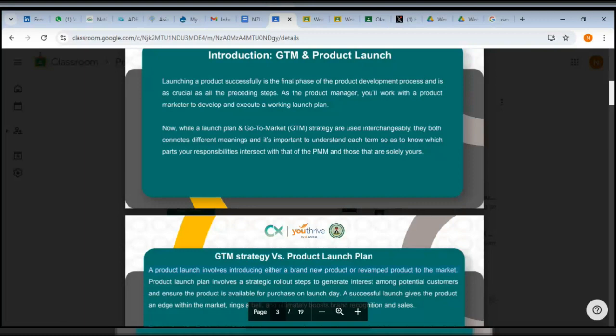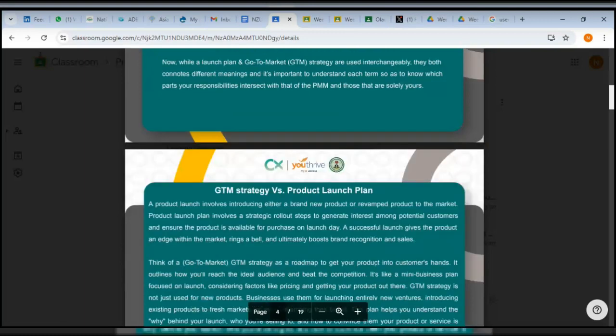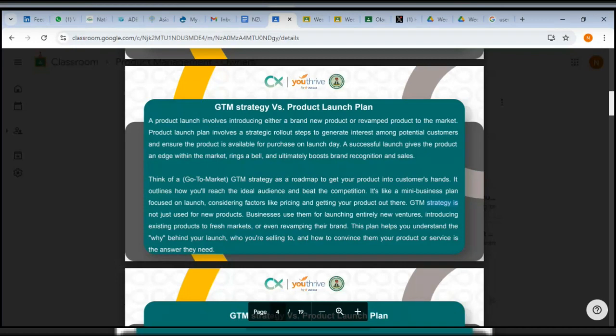So it says here, a product launch involves introducing either a brand new product or a revamped product to the market. That's what a product launch is. You are either introducing a brand new product or a renovated or revamped product to the market. So it's like a reintroduction.